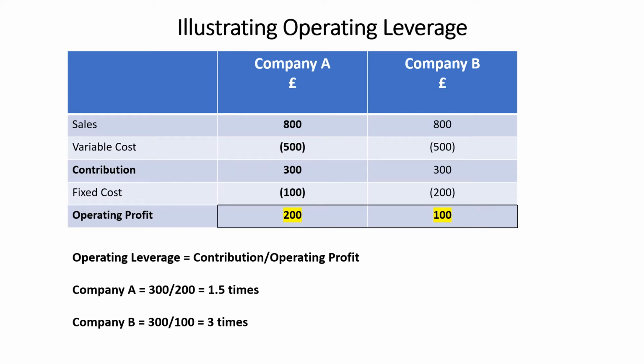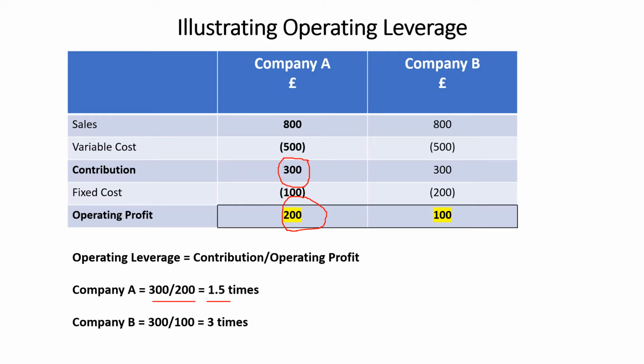For Company A, the contribution is £300 and the operating profit is £200. So the operating leverage is calculated as 300 divided by 200, which gives an operating leverage of 1.5 times.